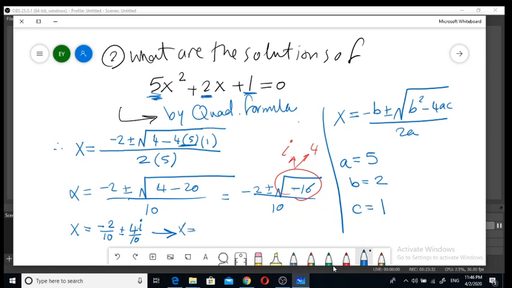So x is equal to negative 1 over 5 plus or minus, and we can simplify 4 over 10.